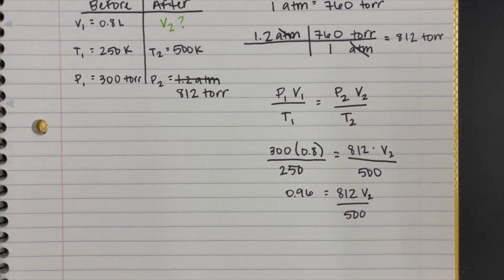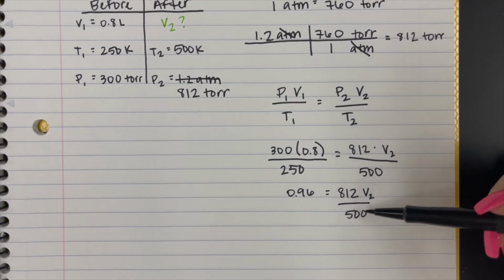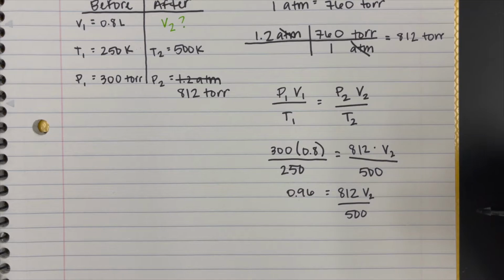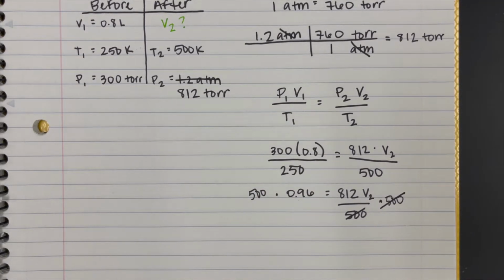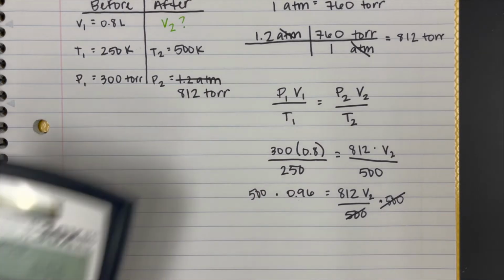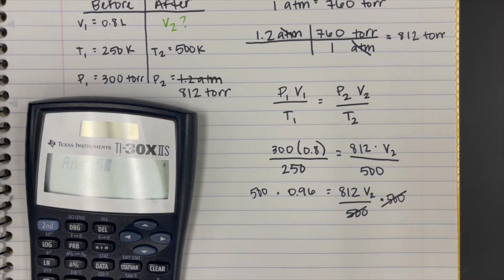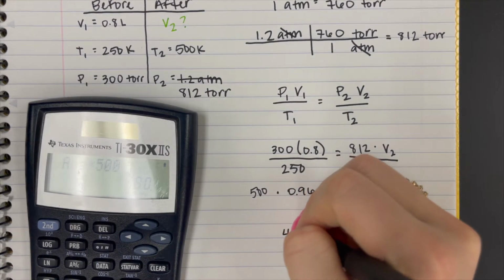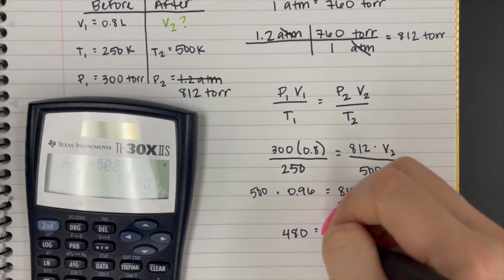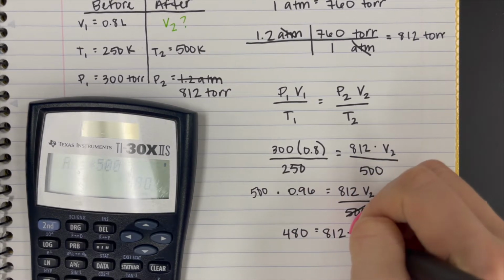Now to isolate the V2, first I have to get rid of this 500. Now, 500 times 0.96 gives me, and I'm still left with 812 times V2.